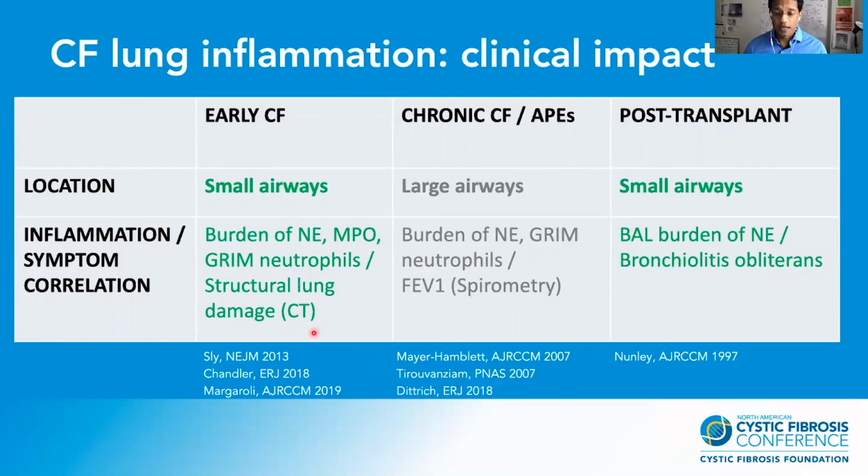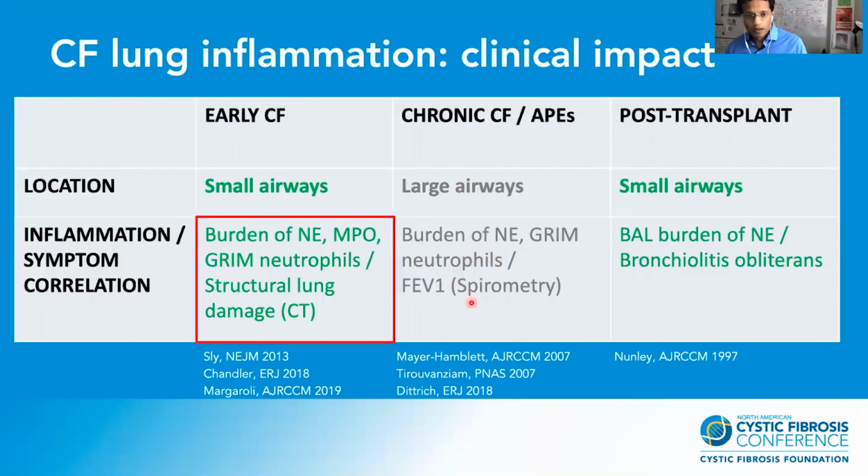But what's really interesting, and this is something we've done in the last decade, is we found both in early CF and in chronic CF that the burden of GRIM neutrophils this time, the cells that actively release elastase and myeloperoxidase, in early CF is linked positively to structural lung damage that we measure by CT scans in babies, and also in older children and adults. The burden of GRIM neutrophils in the sputum correlates inversely with lung function that we measure by spirometry.